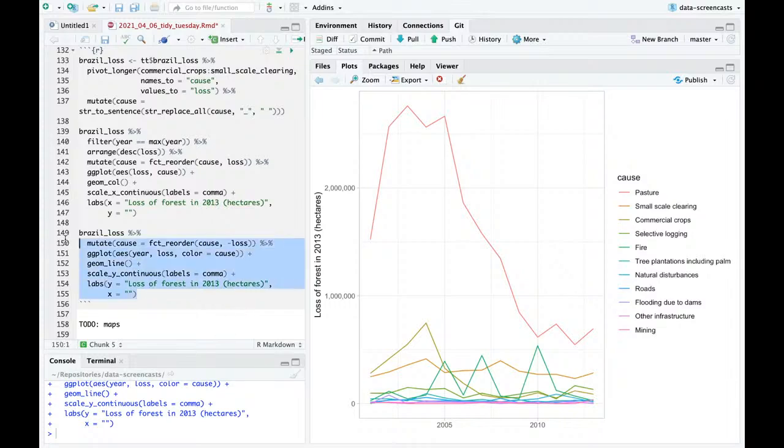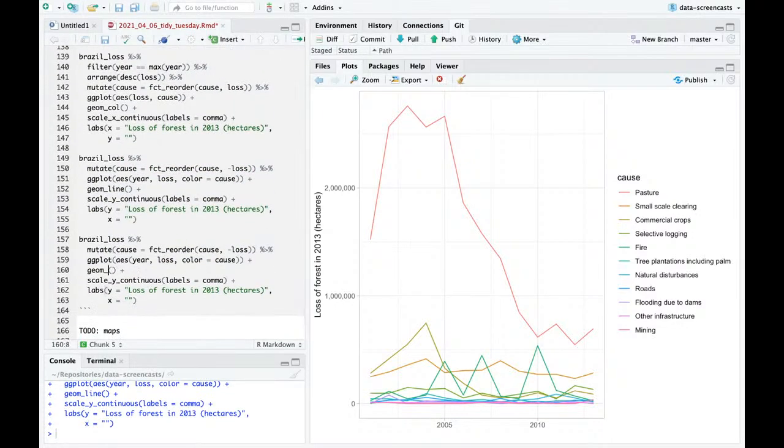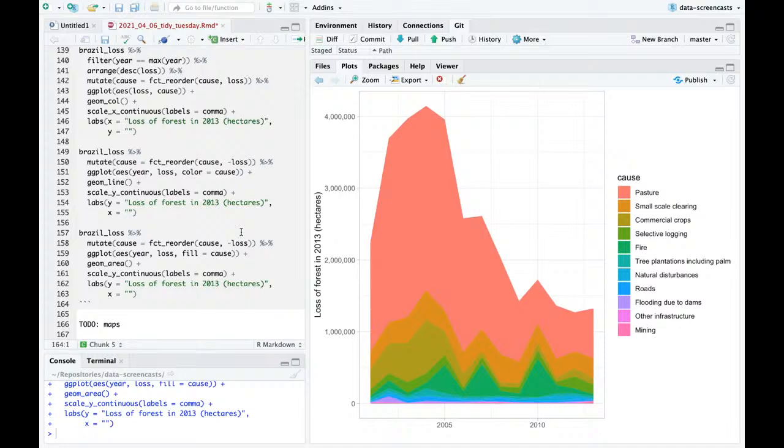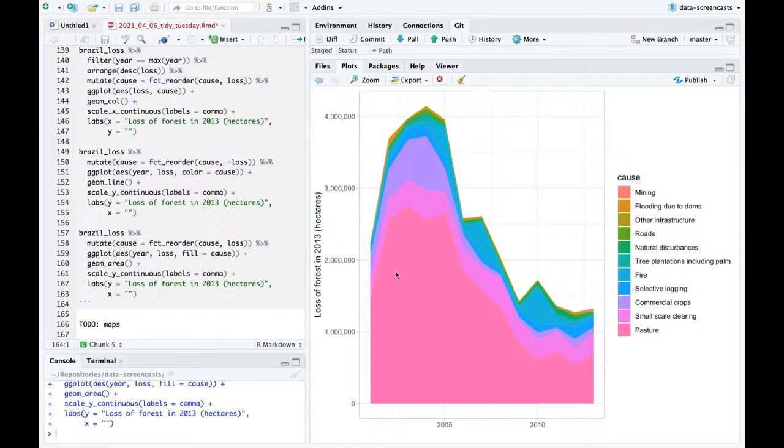The other way we could have visualized this would have been to do it as a geom area, and fill equals cause. I can do it in this order, or I can fct drop the minus, and now the biggest source is on the bottom.